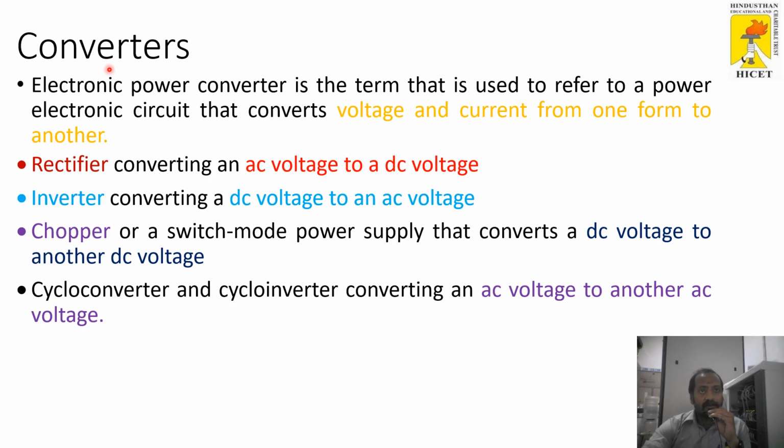The controllers are responsible for producing control signals to turn on or turn off the switching devices present in the circuit. This converter will have a desired signal and frequency that provide complete operation of the system. For that, we use a rectifier, inverter, chopper and cycloconverter.